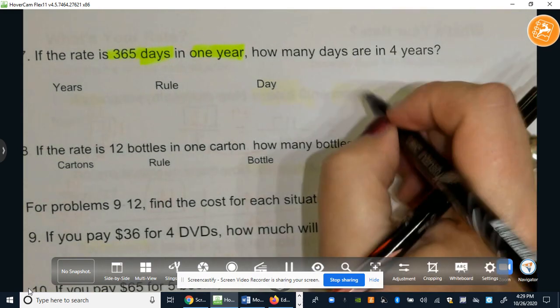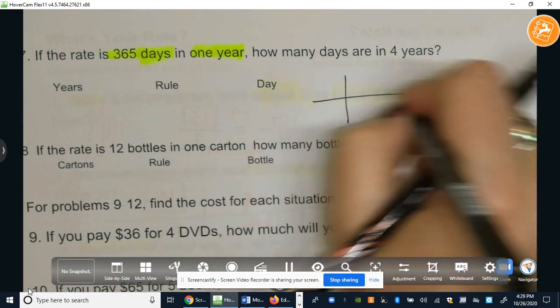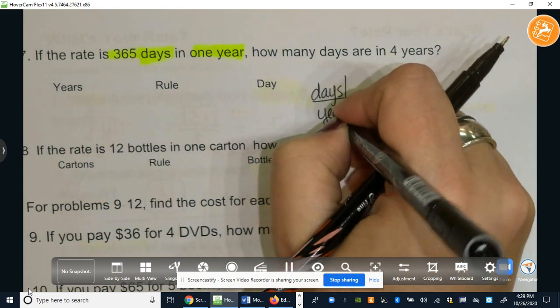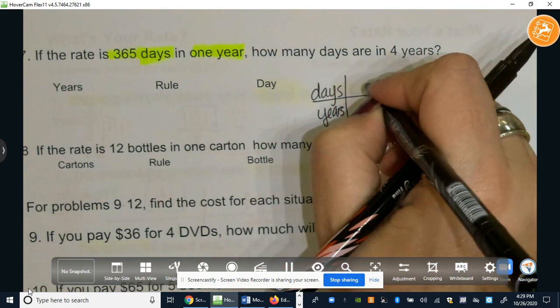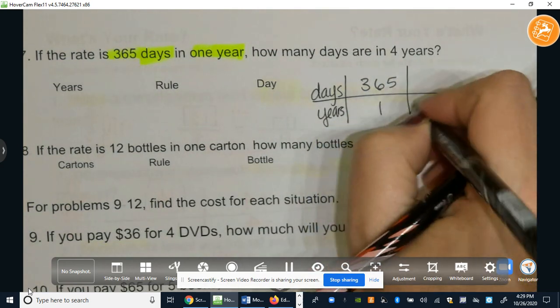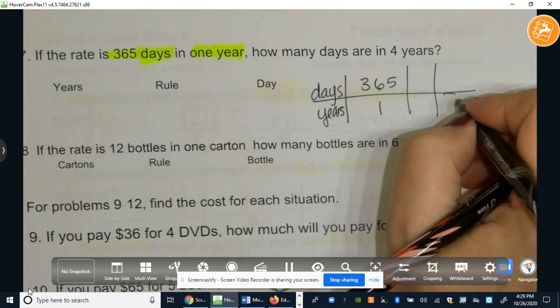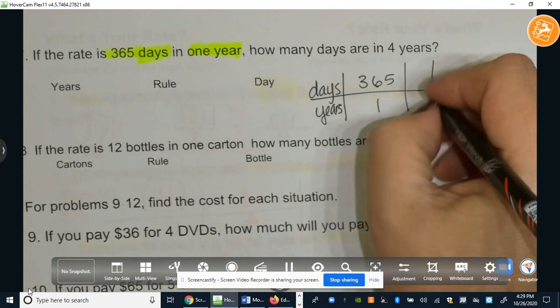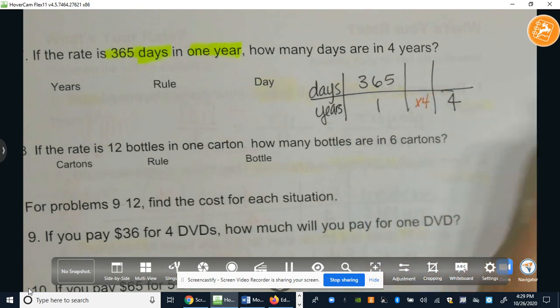Okay, I'm going to set my table up real quick. Days and years. And I know that there's 365 days in 1 year. Well, how many would there be in 4 years? So I go from 1 to 4 by multiplying by 4.